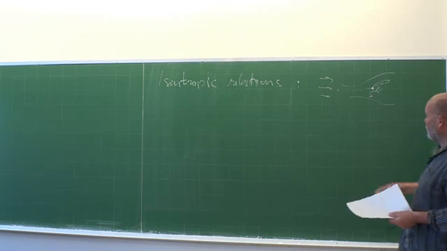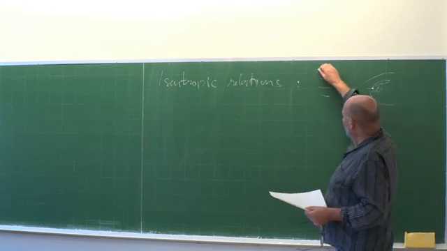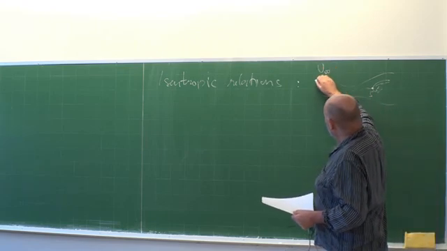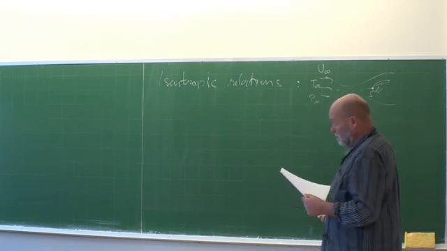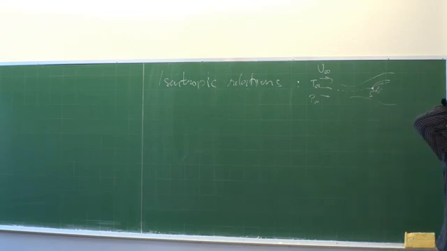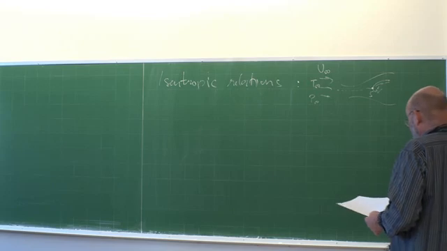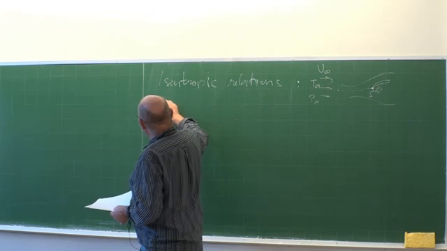We had some relations between velocity infinity, temperature infinity, pressure infinity, and then found the corresponding values in the stagnation point. So I'm going to reuse the results from that case, but we change the situation here.